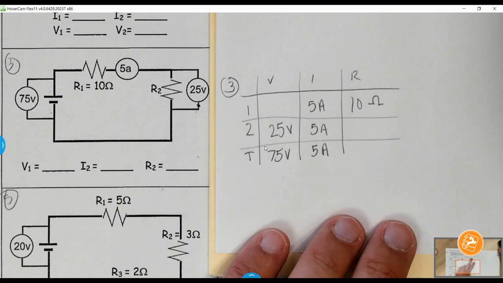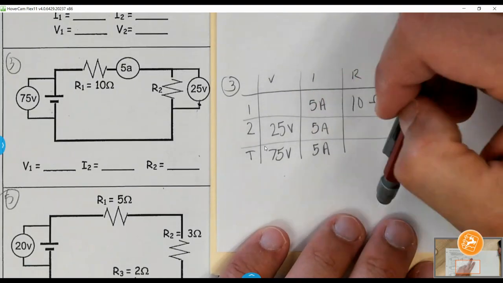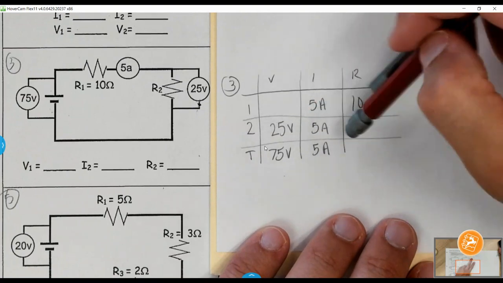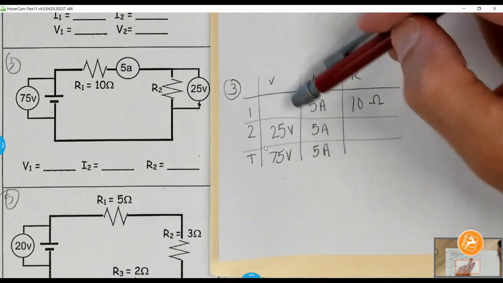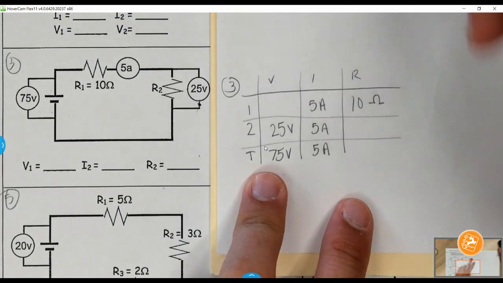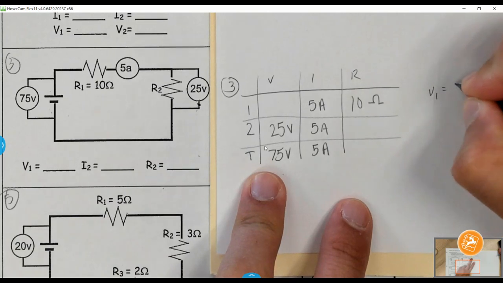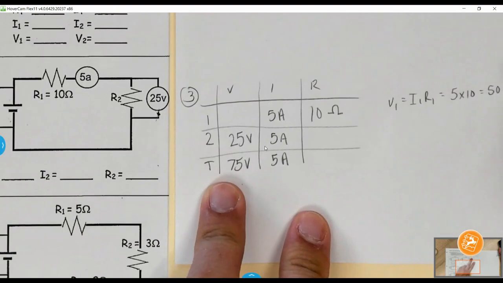And then from here, guys, it's super easy. You have 2 pieces of information in each row. So simply I could do 5 times 10 and figure that out, and that is going to give me 50 volts.